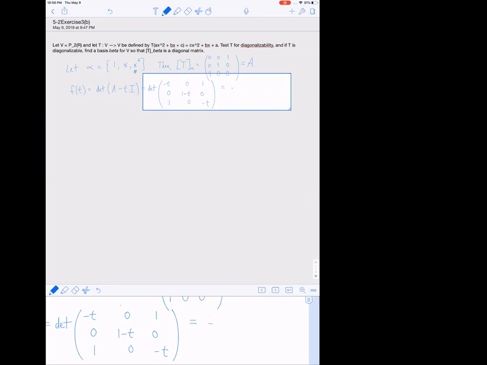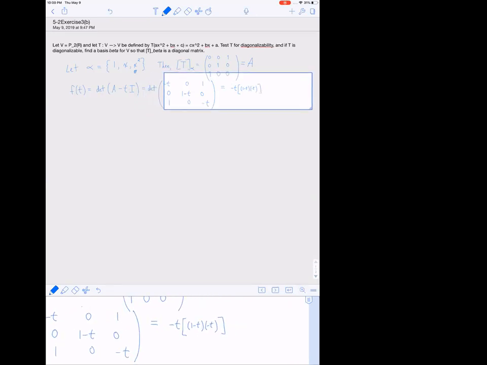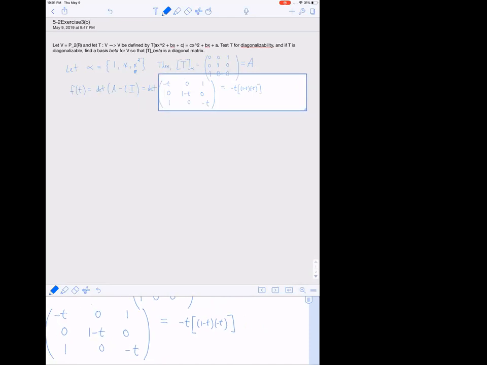That would be a minus t times the determinant of the resulting submatrix. That would be 1 minus t times minus t minus 0. Right? And then if I go along the first row, that would be minus 0.